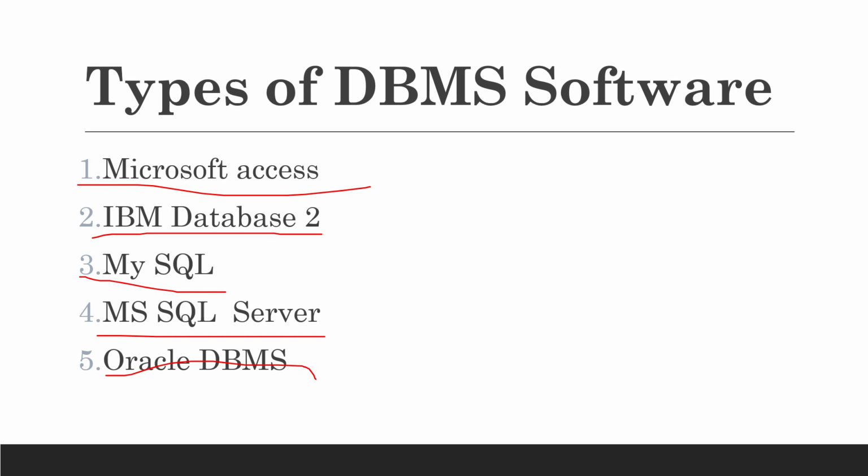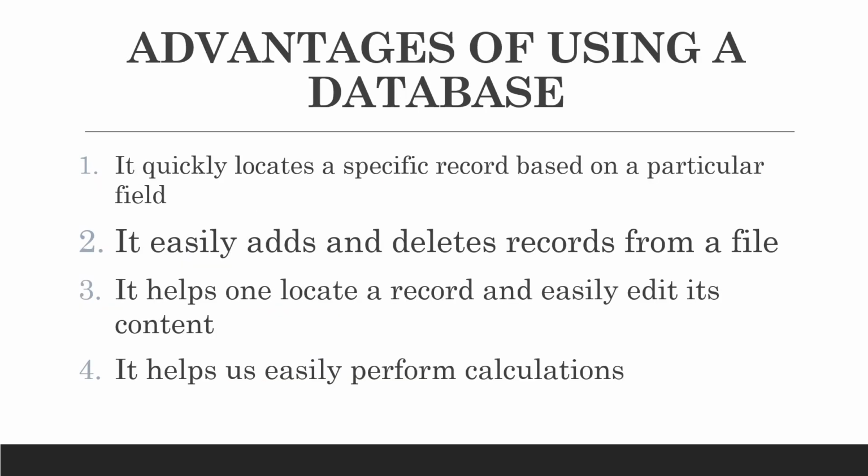All said and done, let's look at the advantages of using a database. First, advantage one: it quickly locates a specific record based on a piece of information. For example, when I go to the bank and I want to deposit money, they need just a piece of information about me, so they can use my account number.